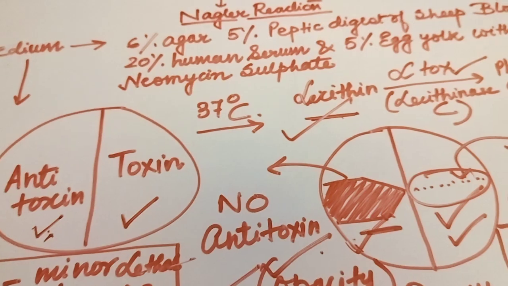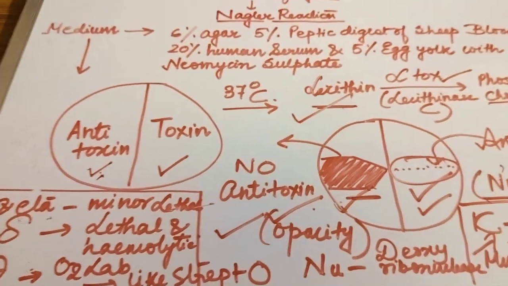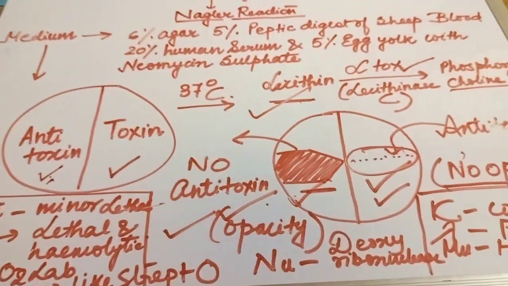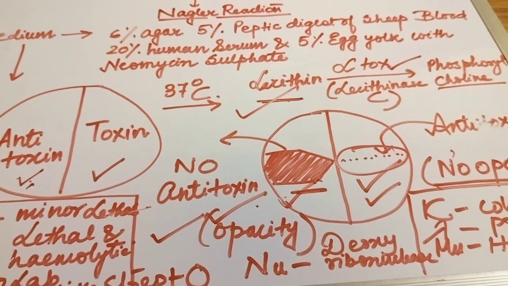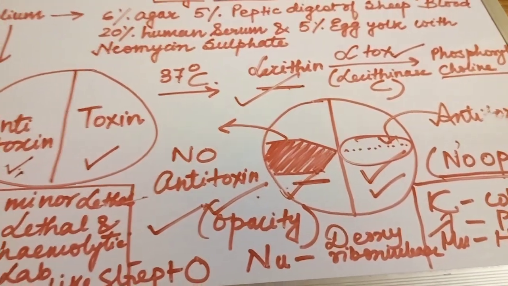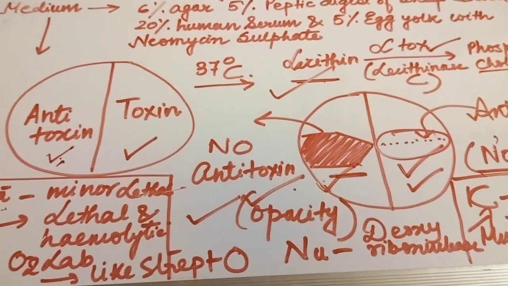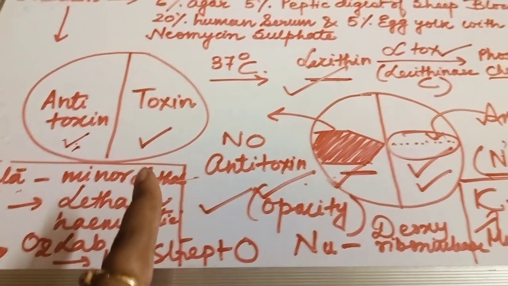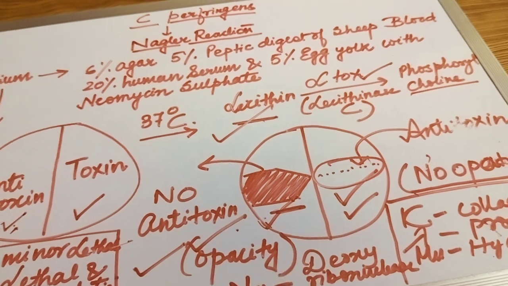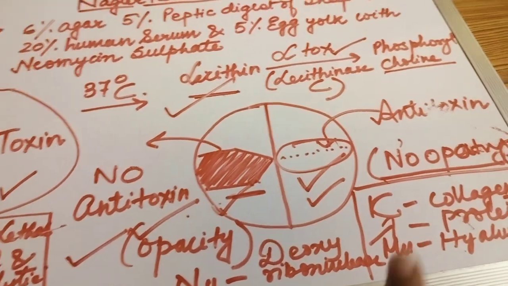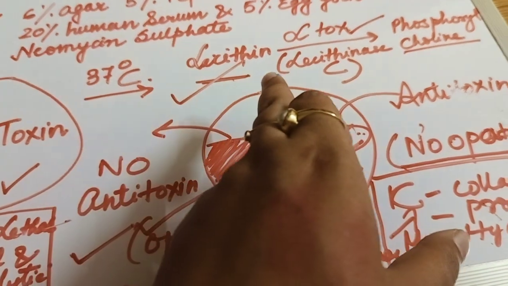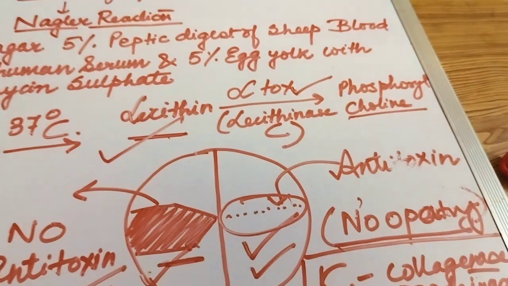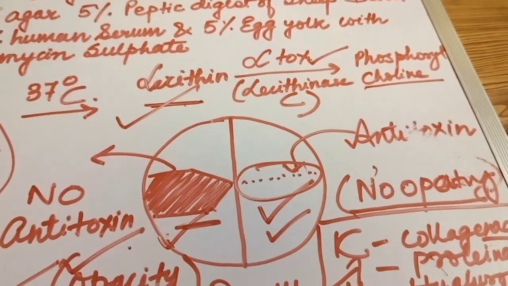So this is all about this video, though I will again repeat: this video is about Nagler's reaction, in which we have taken a plate having the composition which I have already discussed. One half of the plate has the antitoxin, the other half does not. When the organism grew, it produced toxin, for example lecithin, the alpha toxin, which is lecithinase, which results in the toxic effect.